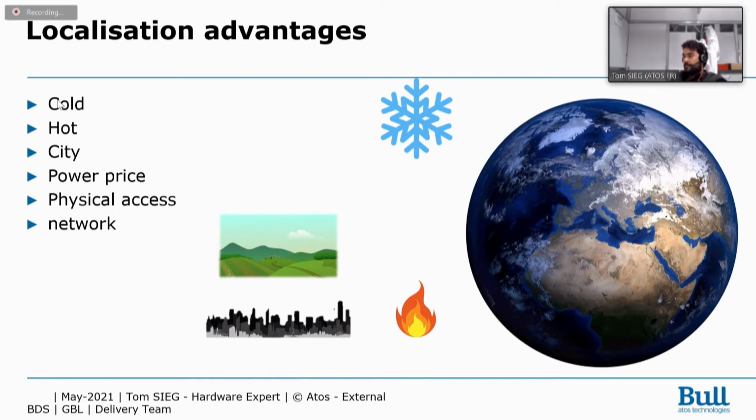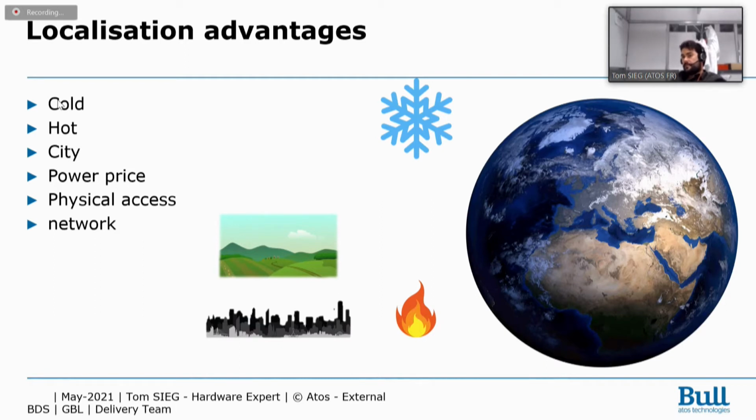If you buy a cluster at 1 million euros, you will spend another 1 million euros in 5 years on electricity for your cluster. That is a fact. So be careful of the localization for the electricity price. Of course, you also have to take into account that electricity could be unstable in some parts of the world. So it could also impact your business.